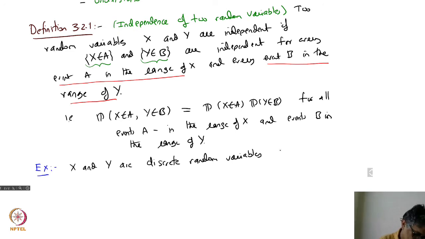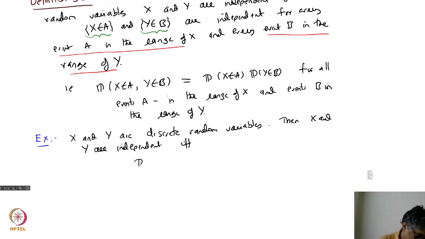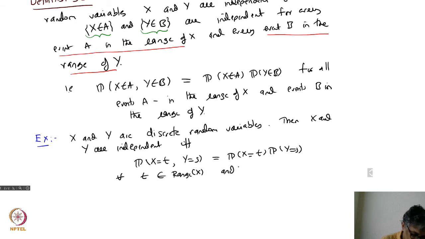Then X and Y are independent if and only if, so you don't have to check for all events, it's enough to check the following: you have to check that the probability X equals t and Y equals s is the same as the probability X equals t times the probability Y equals s, for all t in the range of X and s in the range of Y.